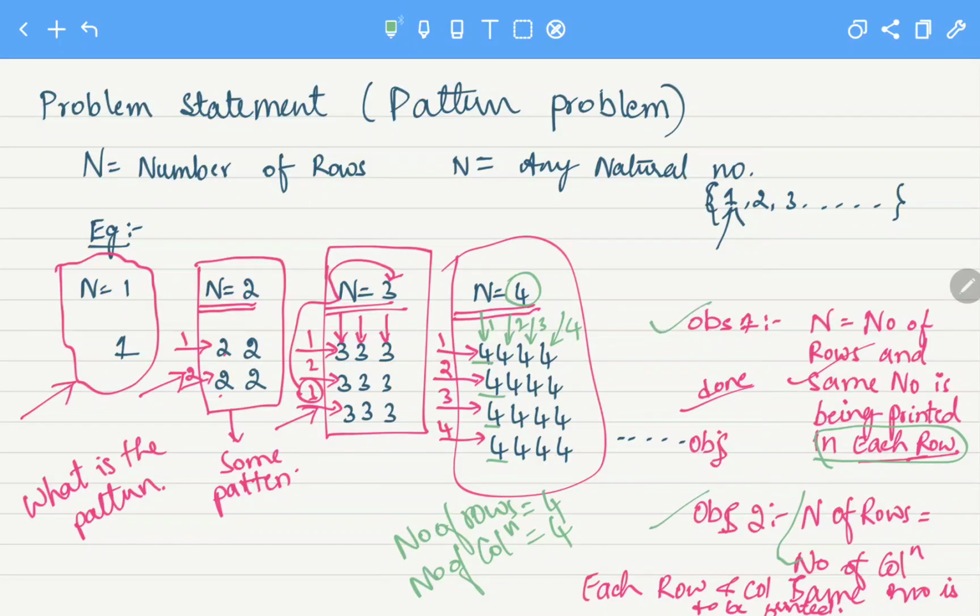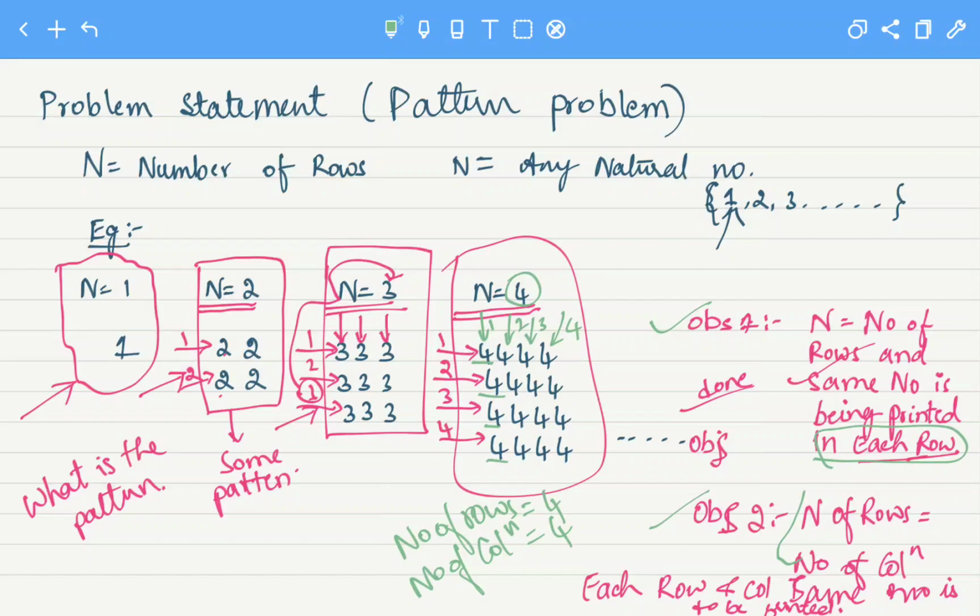So now whatever pattern they have given, I have understood the pattern very well, and each row and column should have the same number.